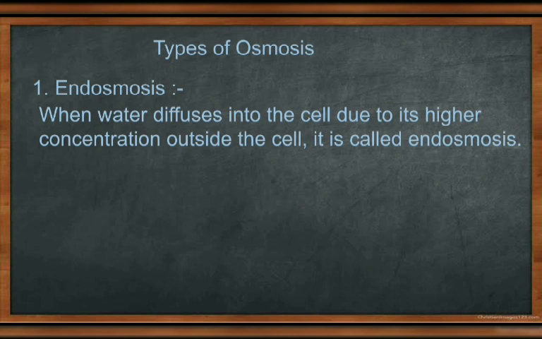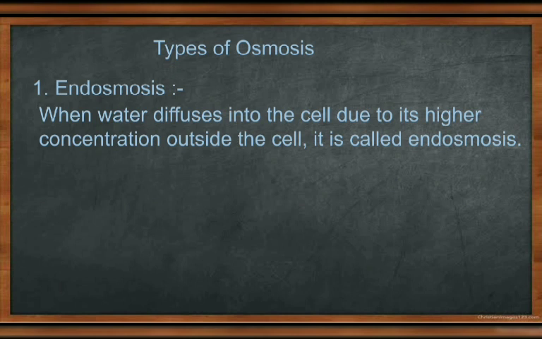In isotonic solution, no net movement occurs. Endosmosis means the outside concentration of water is higher, so the solute concentration is lower. Solute is lower, it means hypotonic solution. So endosmosis takes place in hypotonic solution.